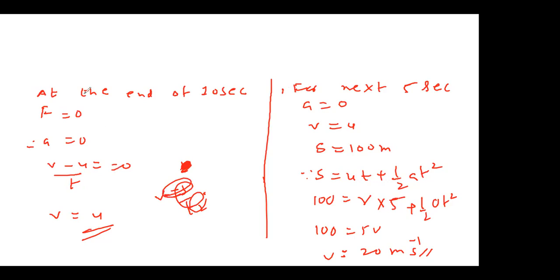This part has no calculation, I could skip and start here, but one student will understand, two will not. So I started like this: at the end of 10 seconds, without reason you will write v equal to s upon t. So why s upon t, why not ut plus half at square?